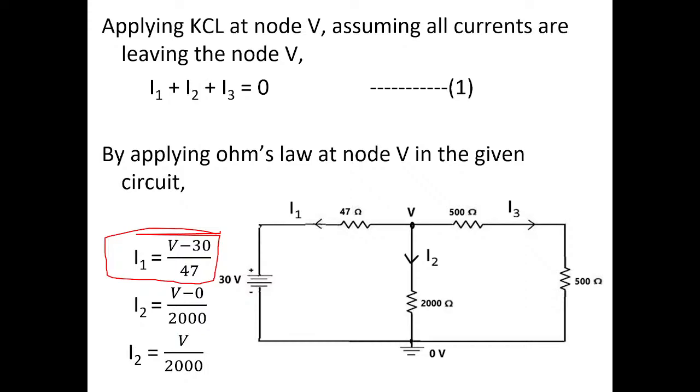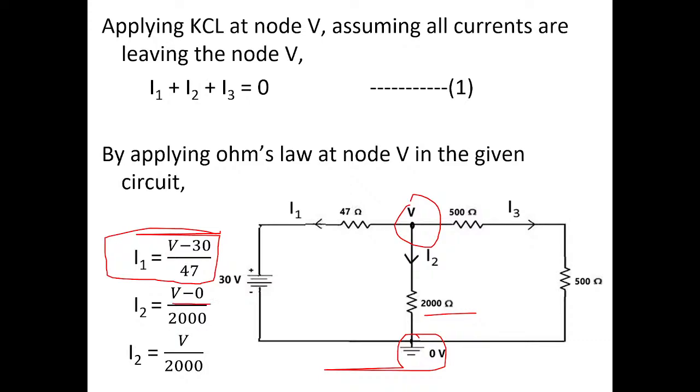What about I2? I2 current flows from node V to the reference node. So what is I? V by R. What is V here? The potential difference across 2000 ohms. Current has started from V and ends at 0 volts. So V minus 0 divided by 2000. What is the I2 current?